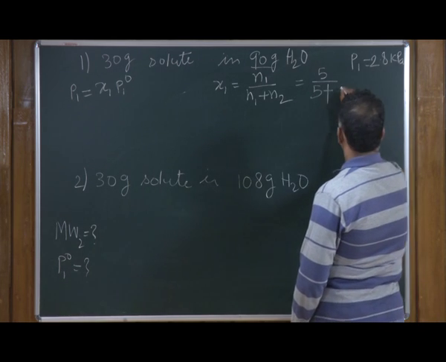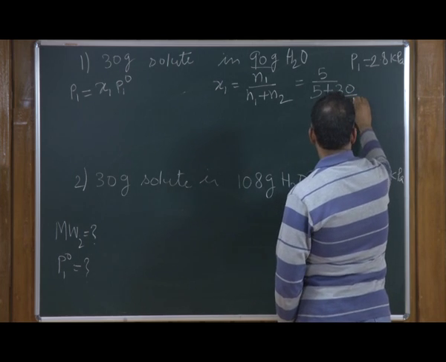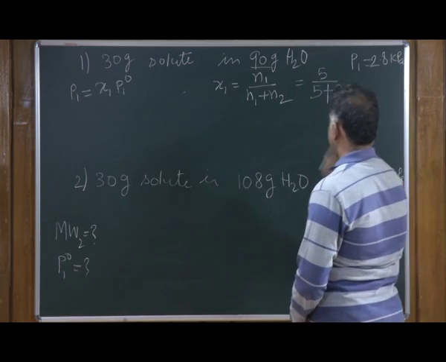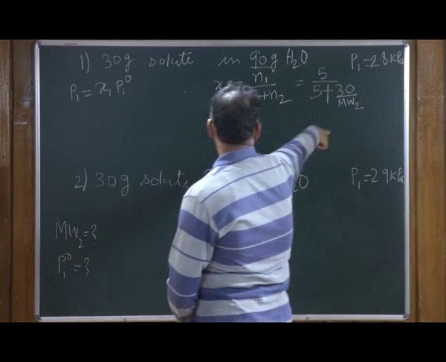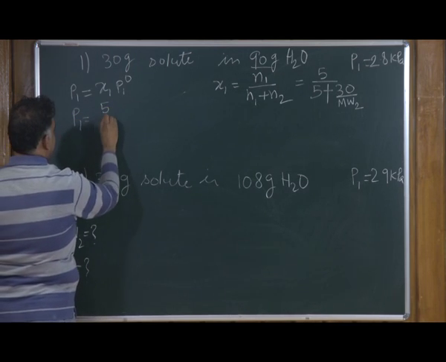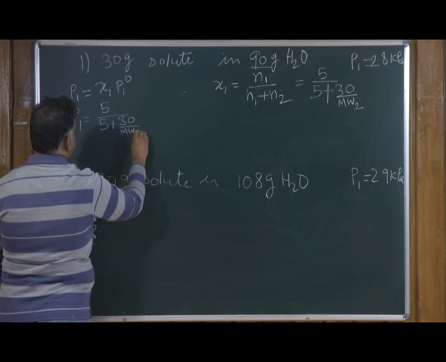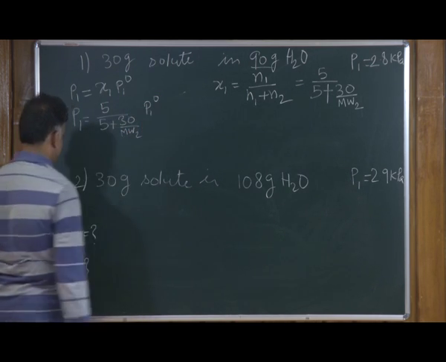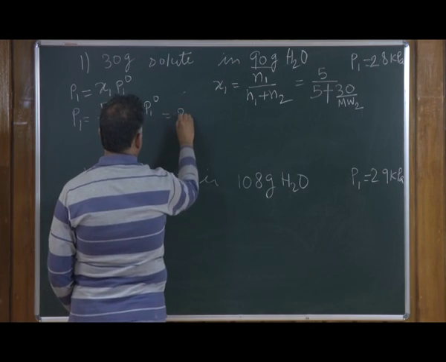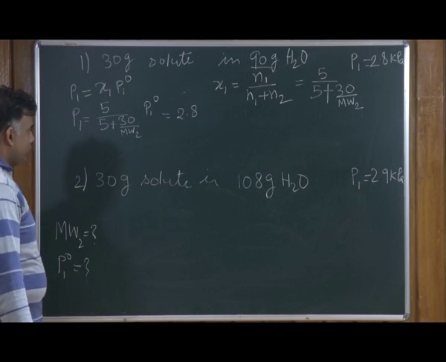So, that would be 30 gram divided by molecular weight of solute. So, this is x1. Now, we can put this in here and we get P1 is equal to 5 divided by 5 plus 30 over the molecular weight of solute, multiplied by P1 0, and that is equal to 2.8 kilopascal, and so we are going to calculate P1 0 also in kilopascal.